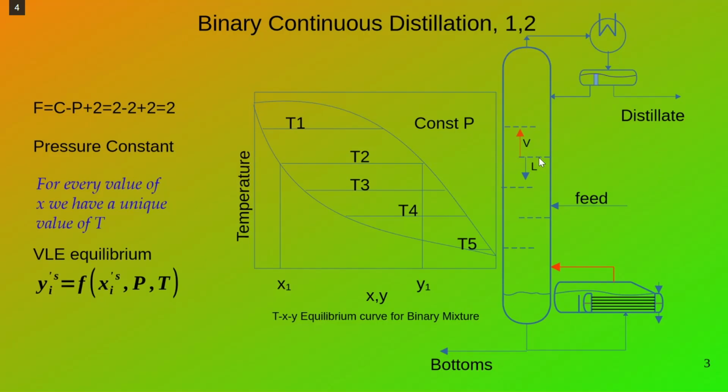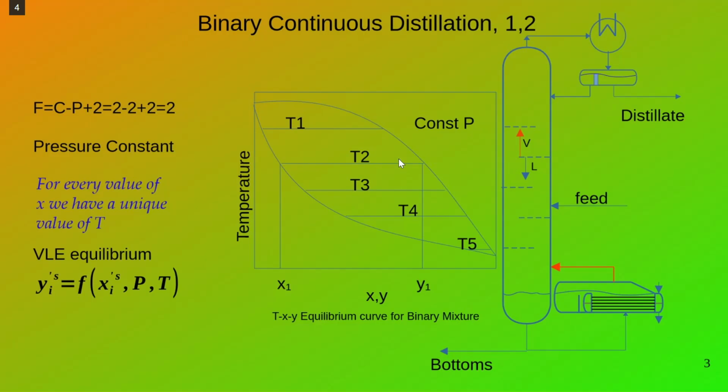Now, what is the consequence of this? The consequence is that when the distillation column is running in steady state, the temperature on each tray is fixed. Like the temperature in plate number 1 is T1 and that in plate number 5 is T5.